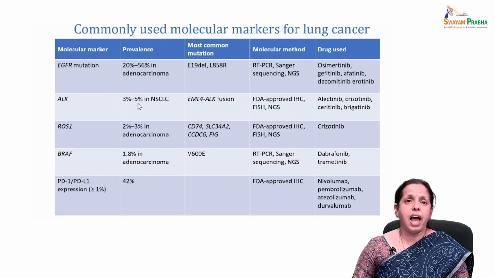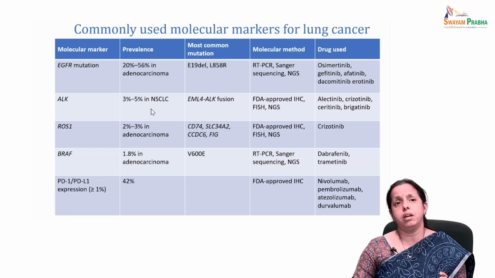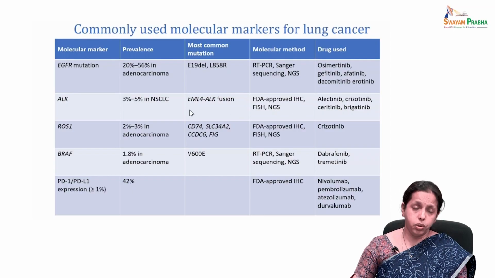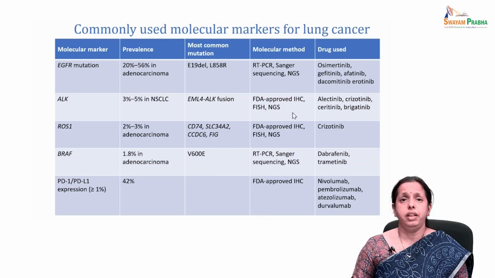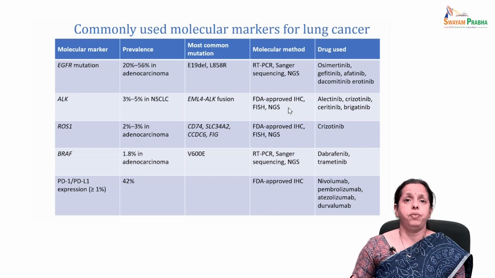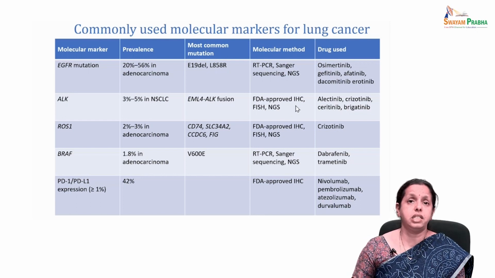Then you have ALK, which is present in 3 to 5% of non-squamous cell lung cancer patients, among which EML4-ALK fusions are more common. The most popular method is RT-PCR, then you have FISH, FDA approved FISH, and IHC.